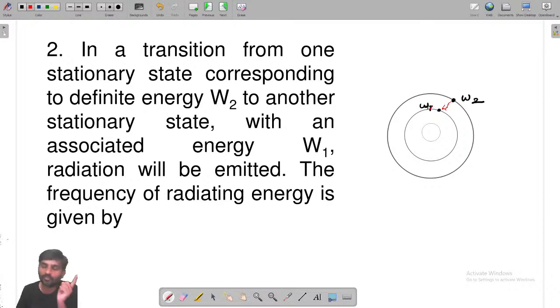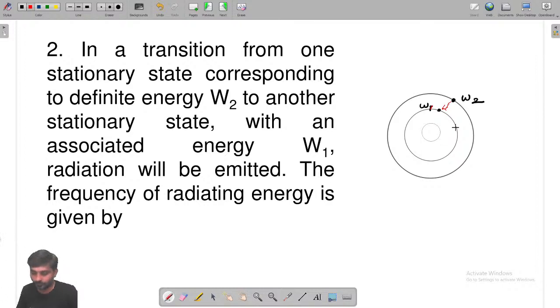So the first thing you need to remember is, when an electron is revolving around a nucleus in a stationary orbit, it will not radiate energy. But energy will be emitted when you are moving from one energy level to another energy level.